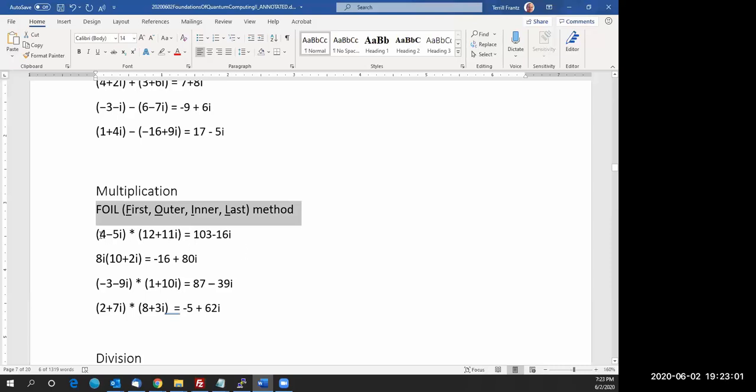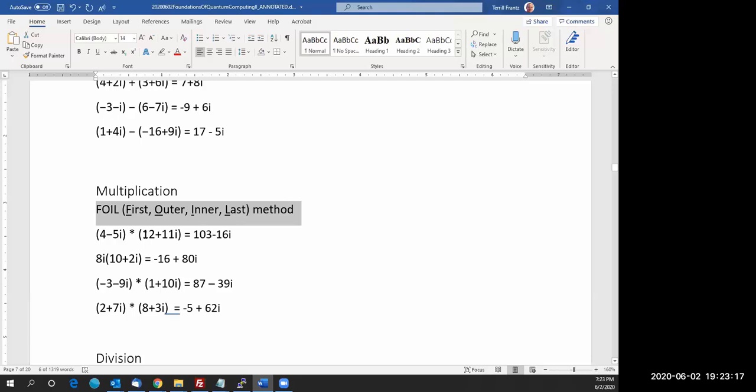So looking at the complex number 4 minus 5i times 12 plus 11i, you simply do the FOIL method as we've always done since, I guess, grade school.